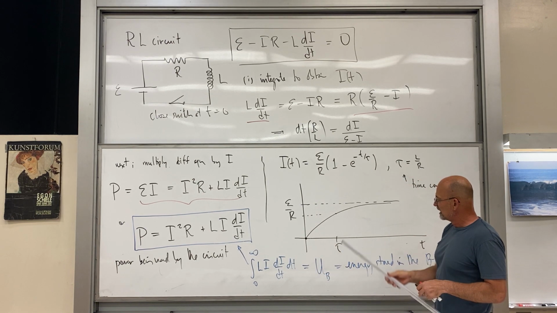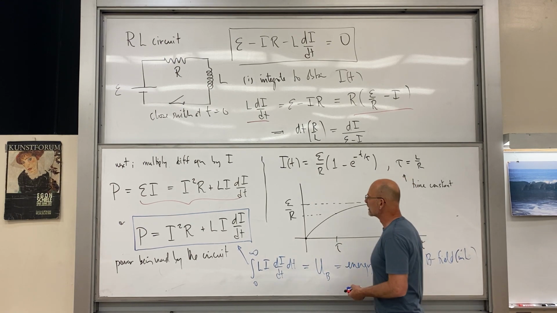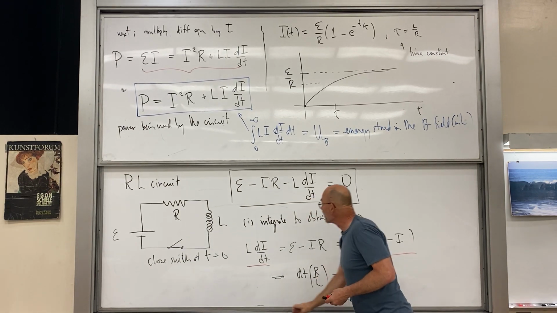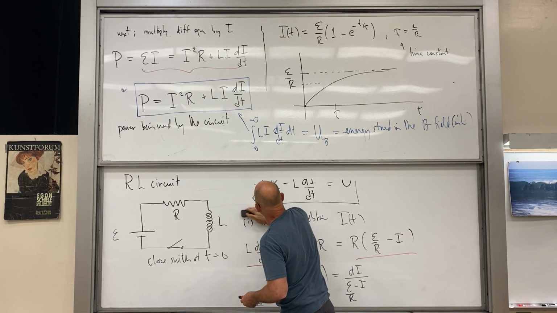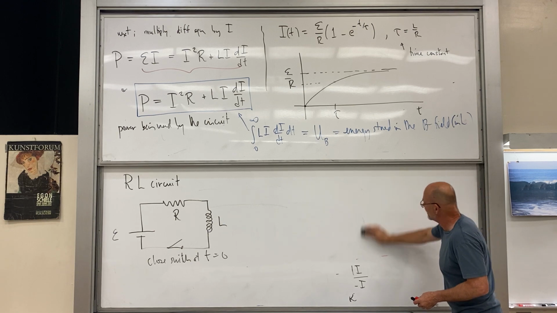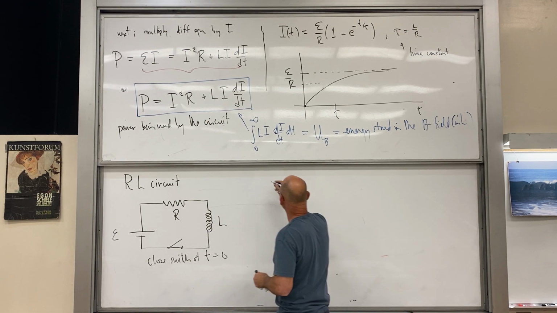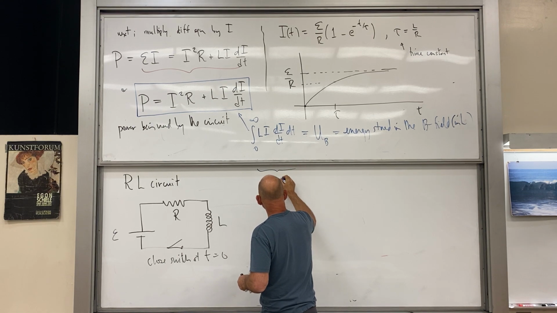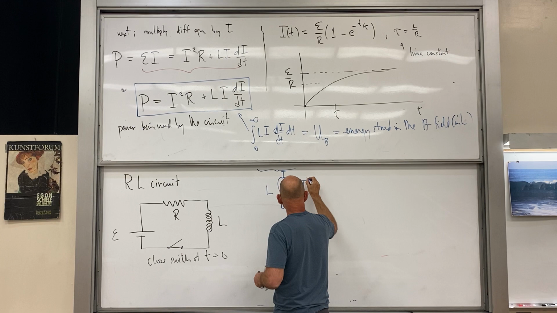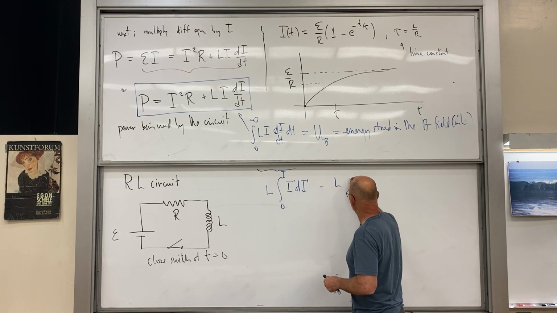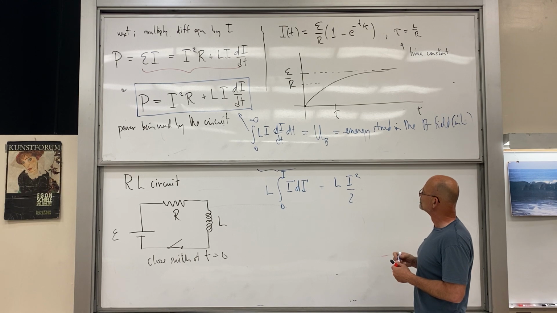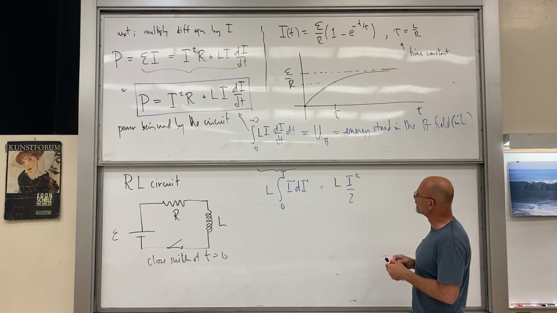But instead, the short version of this is to just say we've got L integral I di from 0 to I, with a little prime on the integration variable, and that's L I squared over 2.